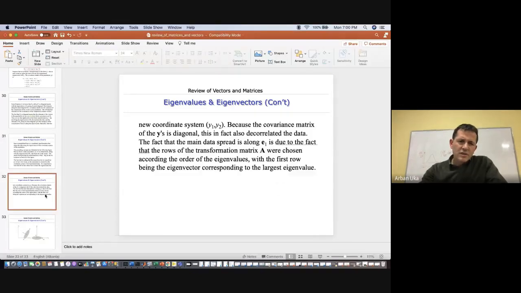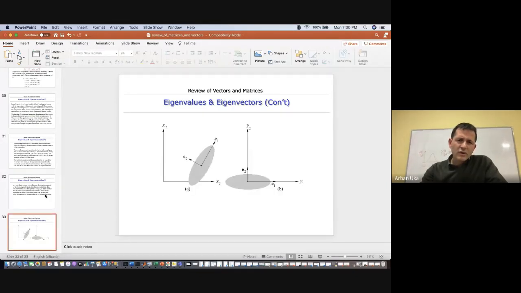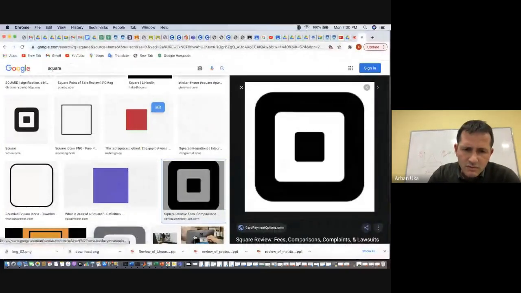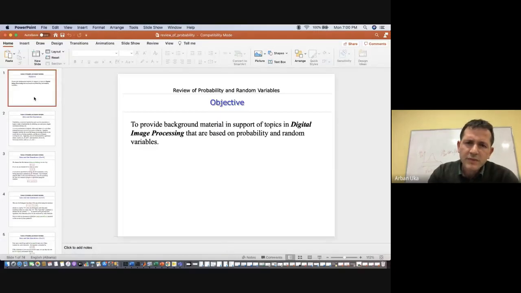So these concepts are to remind you that whenever you are dealing with these kinds of problems, you can go back to this. So this was the review on matrices. This is the review on probability.